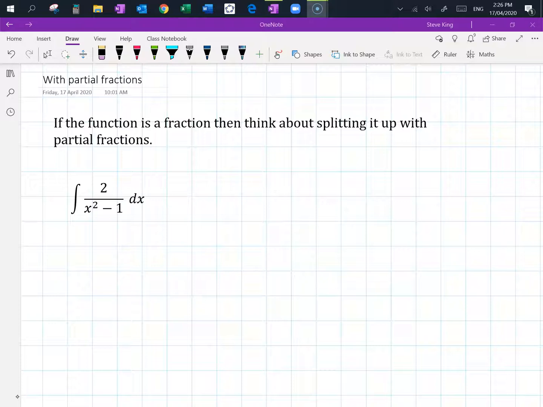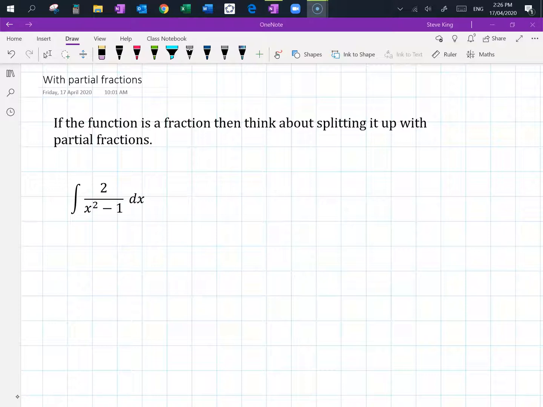So what I'm going to have to do is use some of the knowledge that we gained earlier this year, knowledge on partial fractions, and we're going to split up this fraction into two pieces. Now, how do I recognize that this is a partial fraction?